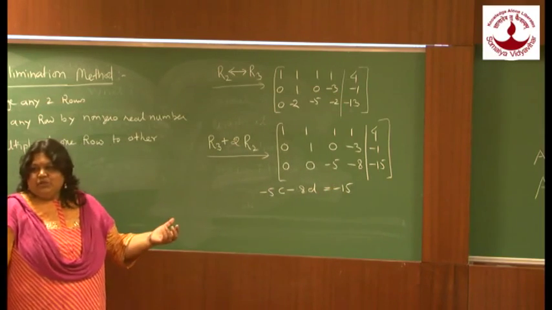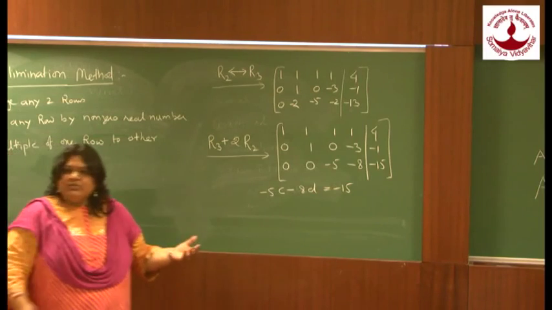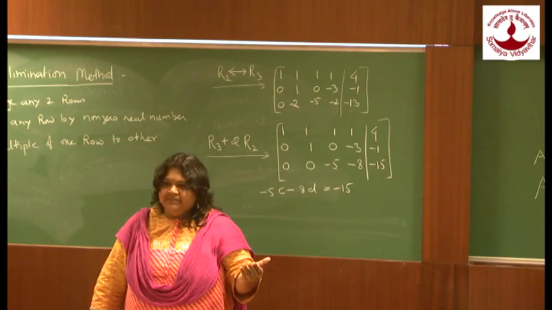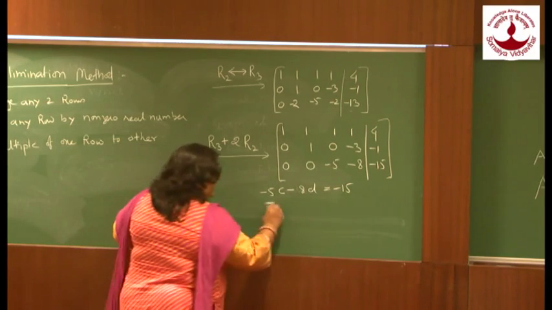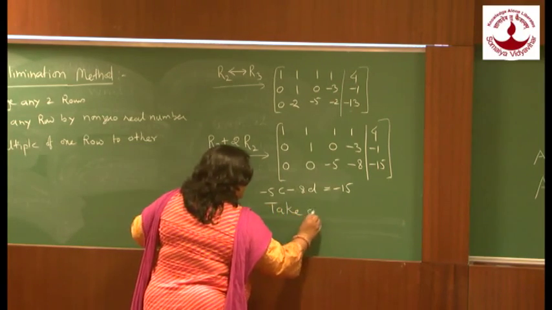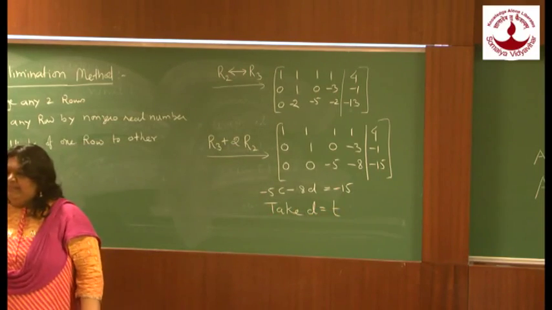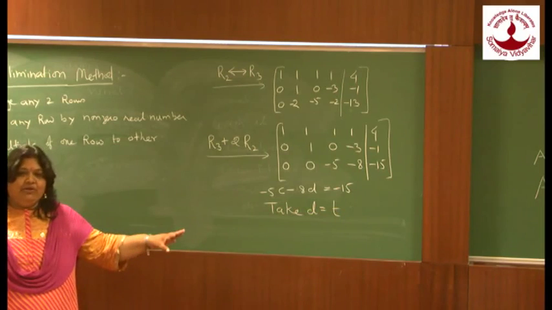there are two variables. So for one of them we take a virtual value, say t, which we call not a variable, but a parameter t. Parameter means we will be able to use any value for t.